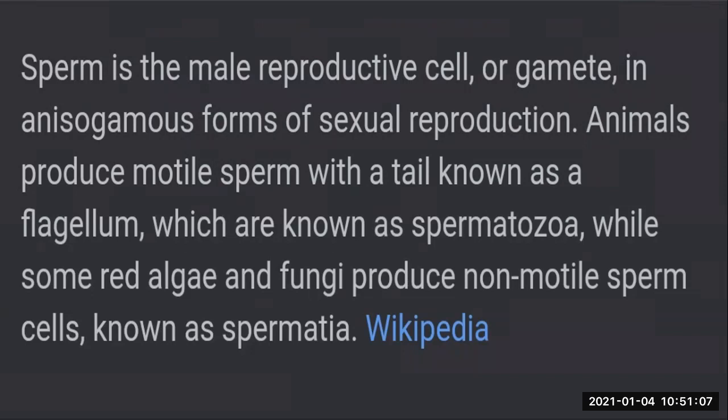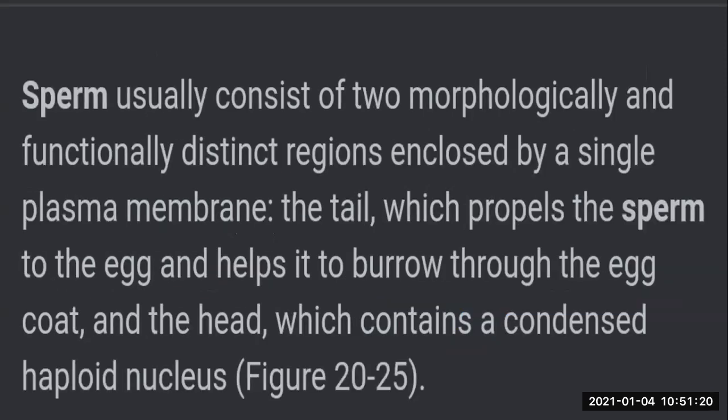So in human beings, we have a motile sperm with a tail-like structure, that is the flagellum, for its movement. Sperm usually consist of two morphologically and functionally distinct regions enclosed by a single plasma membrane. So what are these two distinct regions?